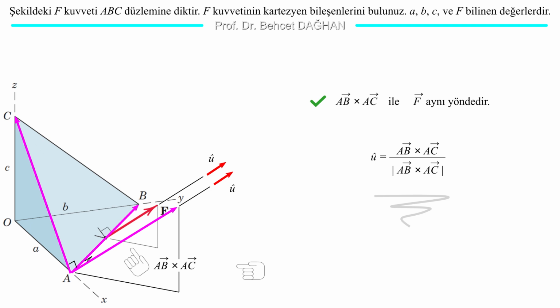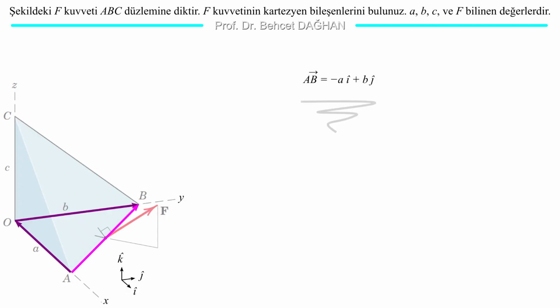So let's write AB and AC. For the AB vector, we go from A to B. Starting from A, let's write the AB vector by looking at how far and in which direction we go parallel to the axes. We go a distance of A, parallel to x in the negative direction, and a distance of B, parallel to y in the positive direction.